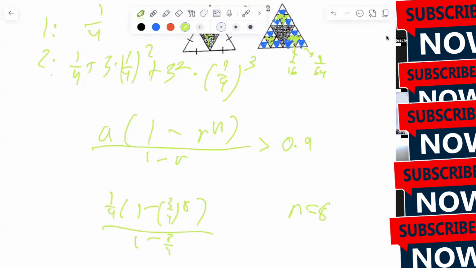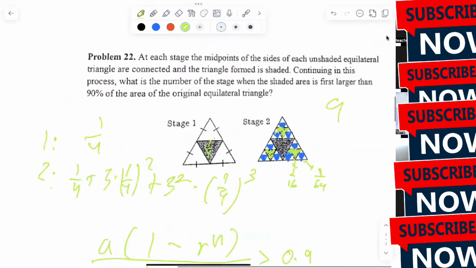This gives 0.8998887, and the next one, 9, just merely passes it. If you plug in n equals 9, it gives us 0.924915. So the answer is going to be 9.